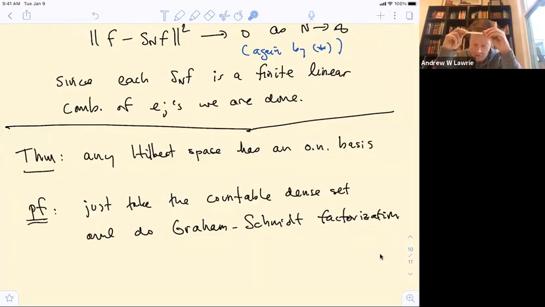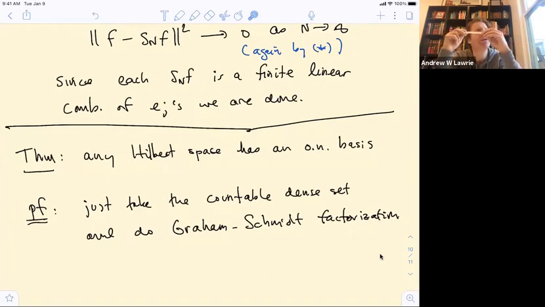So I don't see where we're using the axiom of choice in this argument here. Am I wrong?